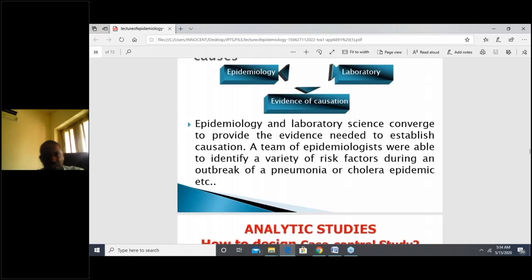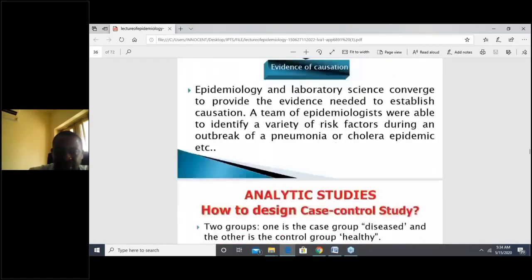So epidemiology and laboratory science coming together to provide the evidence needed to establish what is causing this problem. Okay, so you see epidemiologists, those that are responsible for disease study, they will come together, analyze the risk factor. So we are looking at a singular case of pneumonia or cholera epidemics.